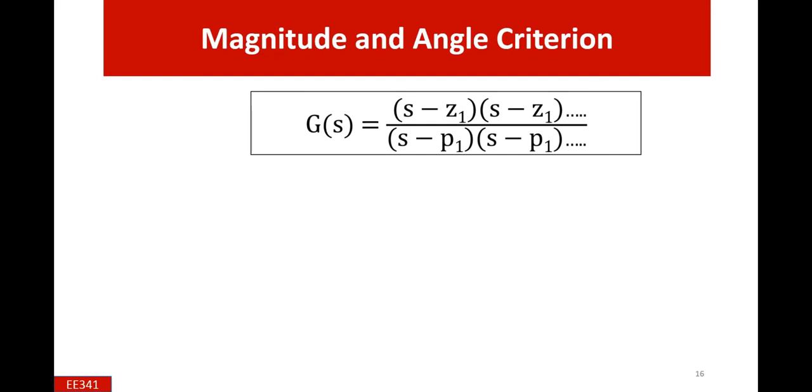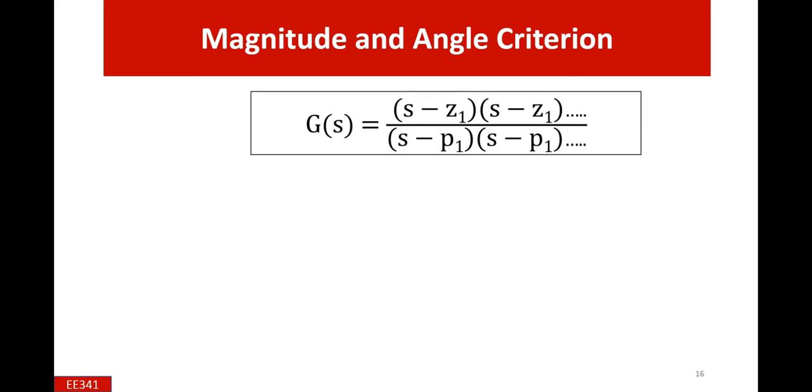Here we can directly find the positions of the zeros and poles by putting the factors equal to 0, and z1 is the position of the zero, which may be a real value or a complex value. If it is complex, then s minus z is also a complex function.